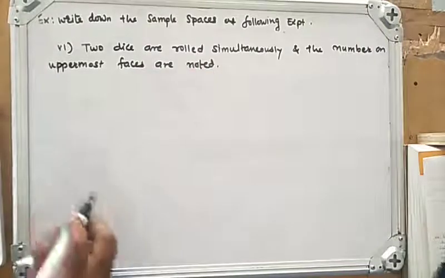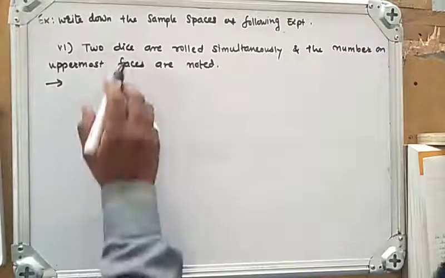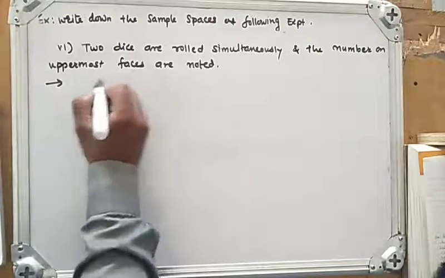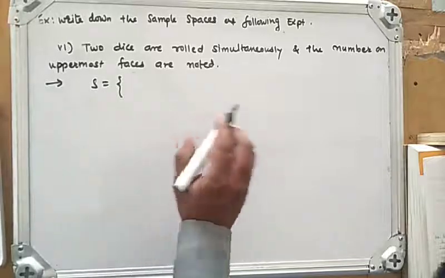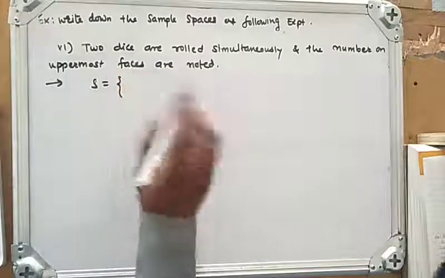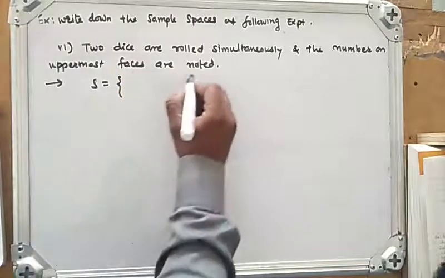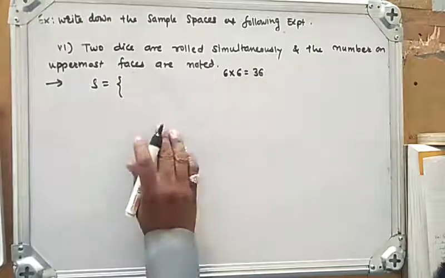Then what is the sample space? We have 2 dice rolled, and a die has 6 sides, so there are 6 into 6, which means a total of 36 outcomes in the sample space.